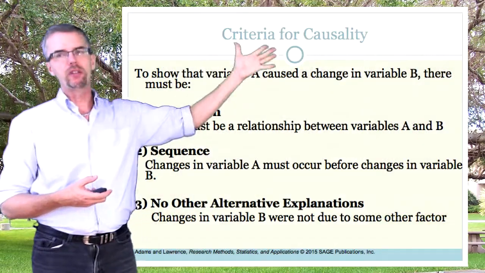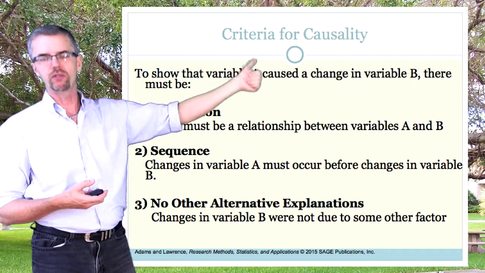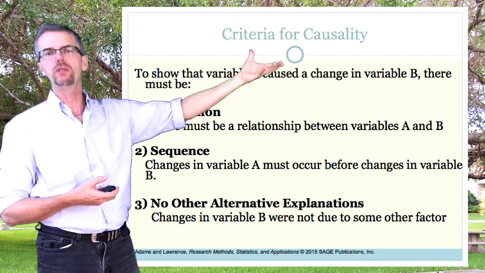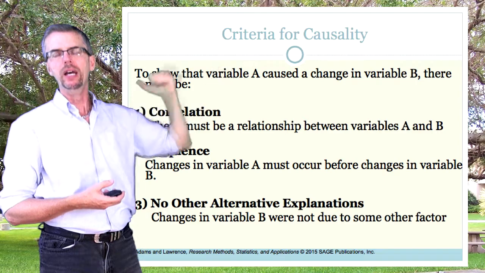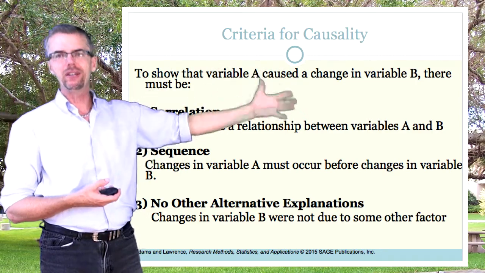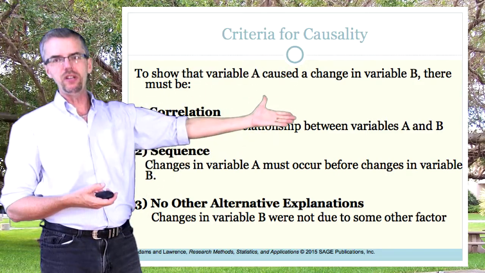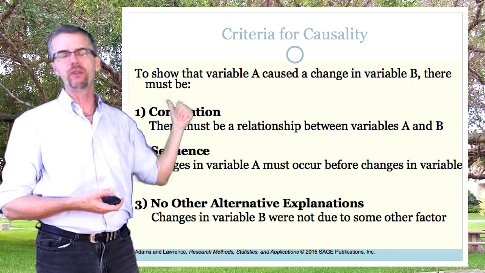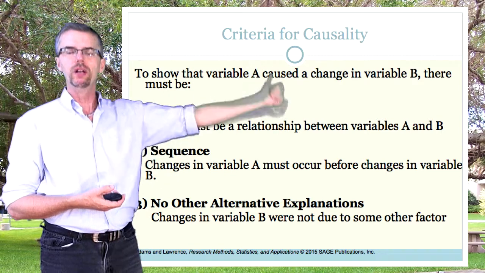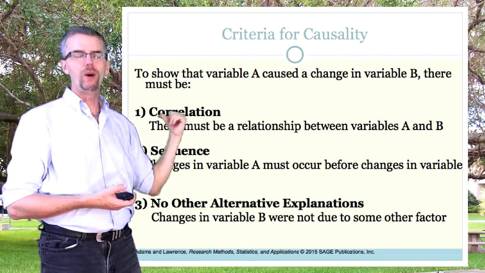There are three criteria for causality. One is correlation. You have to show a correlation first and foremost. That's what we've focused on in previous chapters up to this point, and once we know there's a correlation, then we can investigate further into the criteria for causality. The sequence is next in importance. You have to show that variable A occurs before variable B in order to show the sequence of one causing the other.